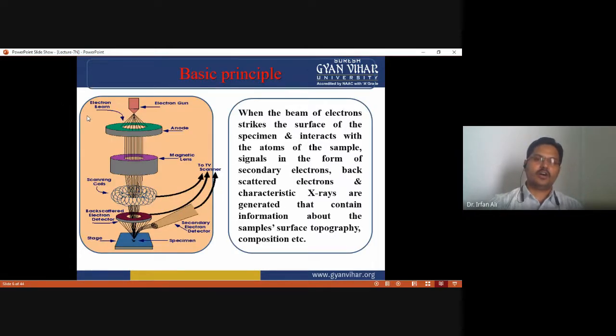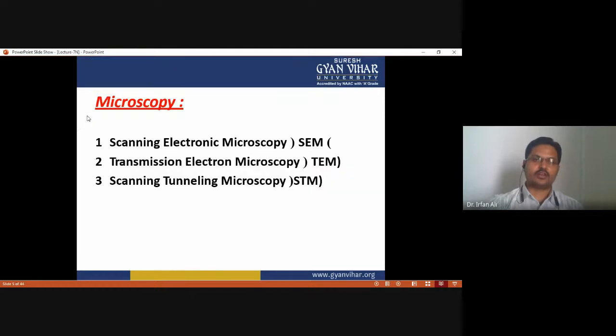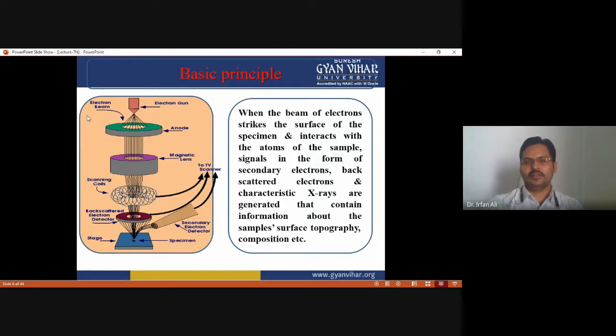The working principle of transmission electron microscopy and scanning electron microscopy is almost the same. When a beam of electrons strikes the surface of the specimen and interacts with the atoms of the sample, signals in the form of secondary electrons, backscattered electrons, and characteristic X-rays are generated that contain information about the sample's surface topography and composition. This is the principle we exploit for the characterization of nanoparticles.